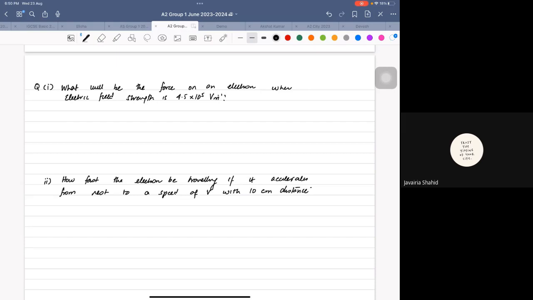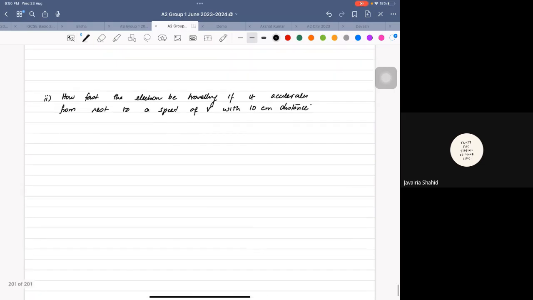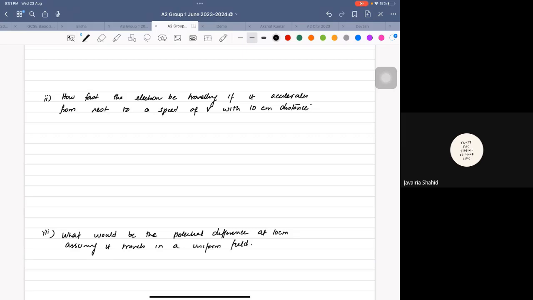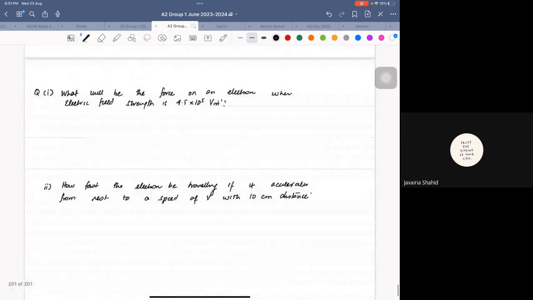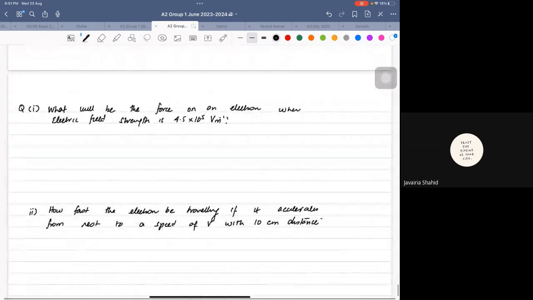Then the third part would be, what would be the potential difference at 10 centimeter, assuming it travels in a uniform field. Okay, so these are the three questions. All right, so first one, any answers, please?